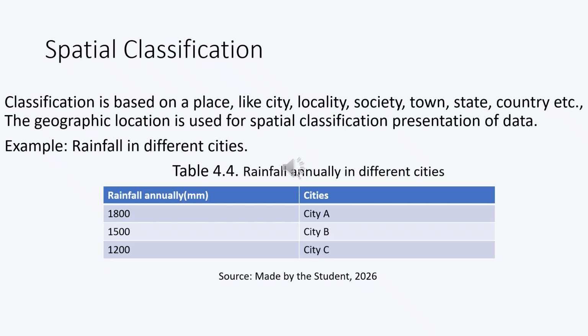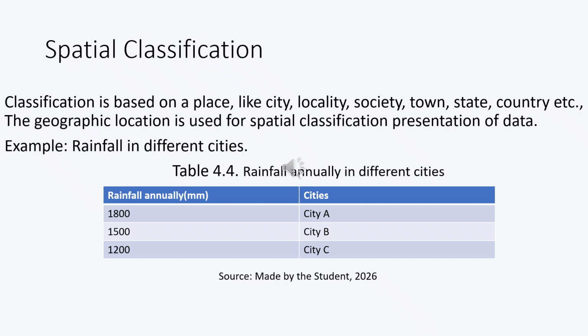The spatial classification of tabular data presentation is based on the place like city, locality, society, town, state, country. The geographic location is used for spatial classification of data presentation. Here we see an example below. The example given is rainfall in different cities.